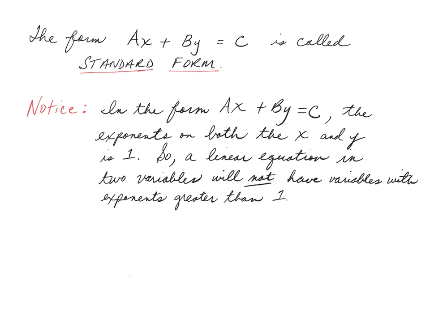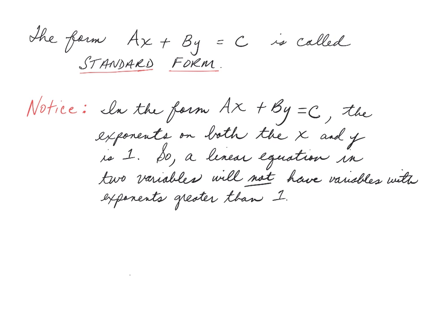When an equation is in this form, it is called standard form. This linear equation is in standard form when the x term and the y term are both on the same side, on the left side of the equation, and it's set equal to c.